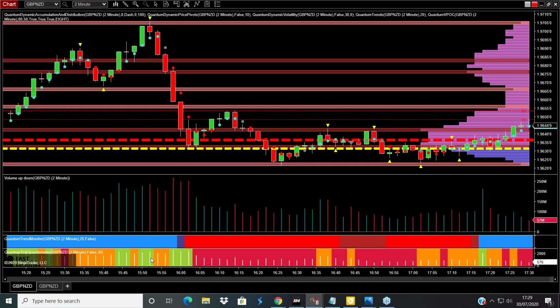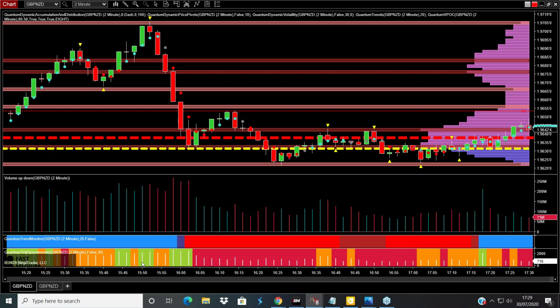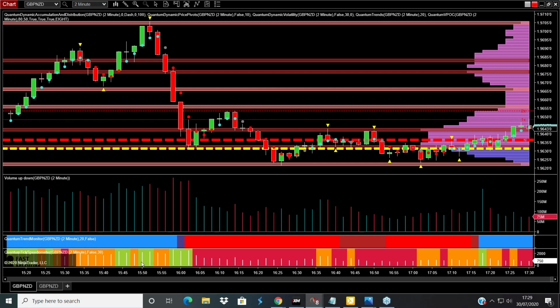But you can also use it at the bottom of the chart, really on the faster charts, where it picks up activity. It registers in these colors that you see here whether the participation level is increasing.